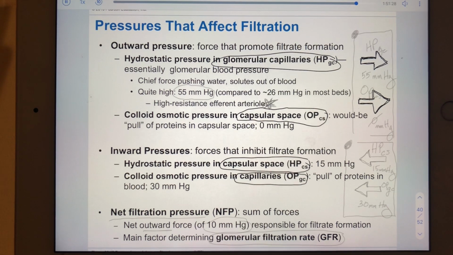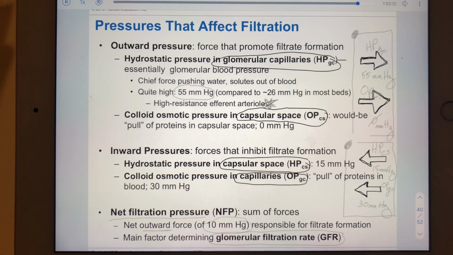And this chunk down here, these are the inward forces. Hydrostatic pressure within capsular space would be pushing inward into the glomerular capillaries, if it won the tug of war. The solutes in the glomerular capillaries are pulling on fluid, pulling back in, okay? So what we want to pay attention to is which arrows are sort of winning this tug of war, okay?